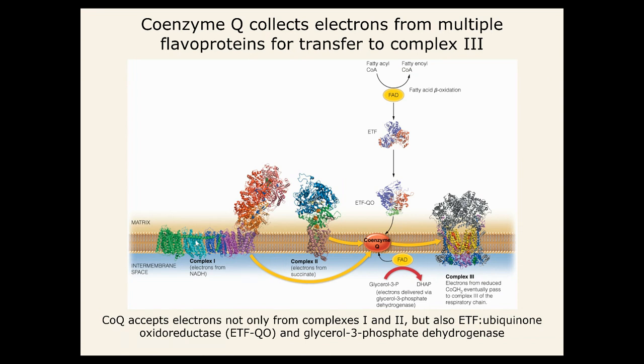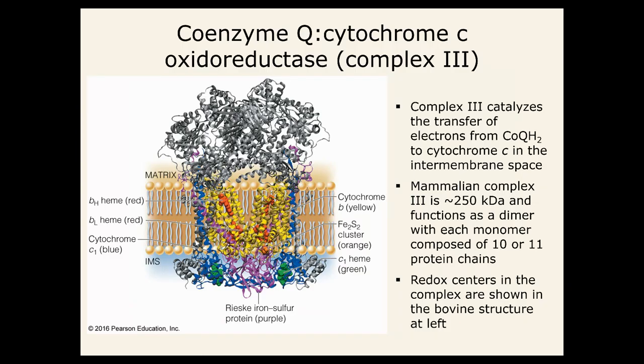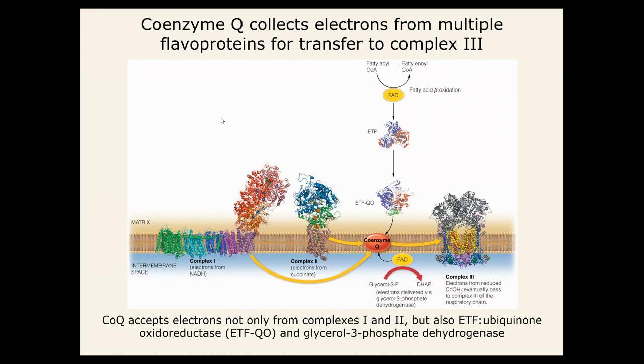So we saw that coenzyme Q collects electrons from multiple flavoproteins for transfer to complex 3. Both complex 1 and complex 2 ultimately reduce coenzyme Q. And now coenzyme Q will go through the membrane and enter into complex 3.